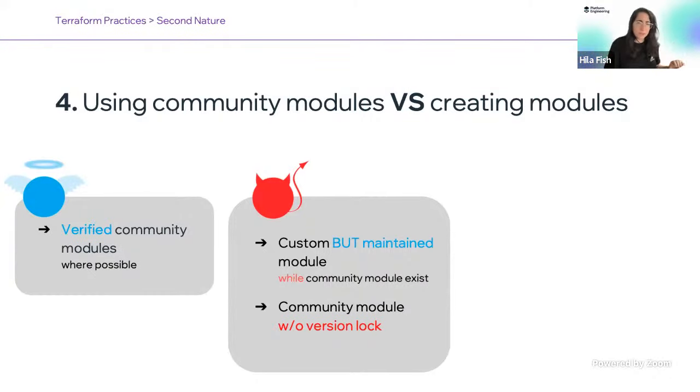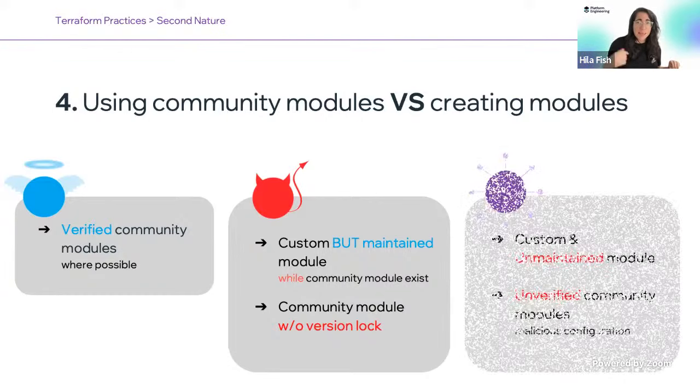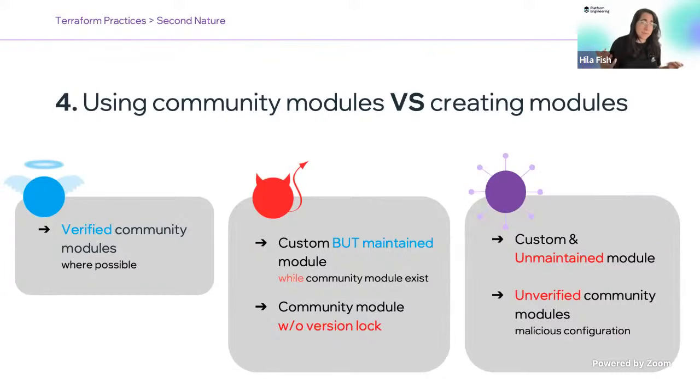Just use community modules wherever possible. And another bad thing is to have a community module used without version lock because of the reasons that I explained at the beginning. And the other thing here is to use a custom module and leave it unmaintained, right? So have no checks, no consistency whatsoever, and no code practices. It will really get ugly and really get out of control.